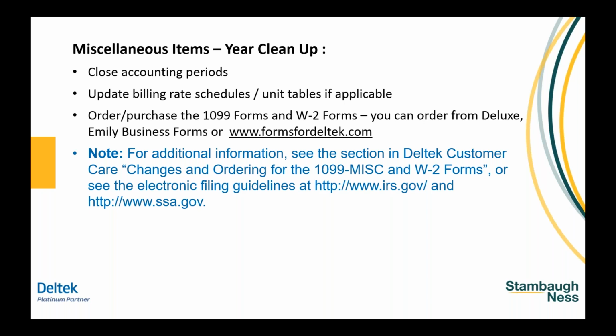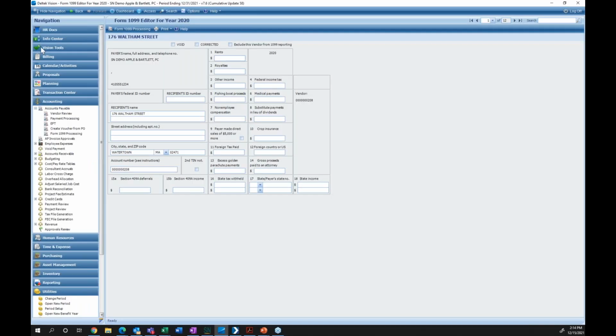Perfect. And Amy was asking about where a report or something maybe to find unposted employee expenses. Expenses? Yep. So that should just be in your posting. Unposted expense reports would be within the expense module.